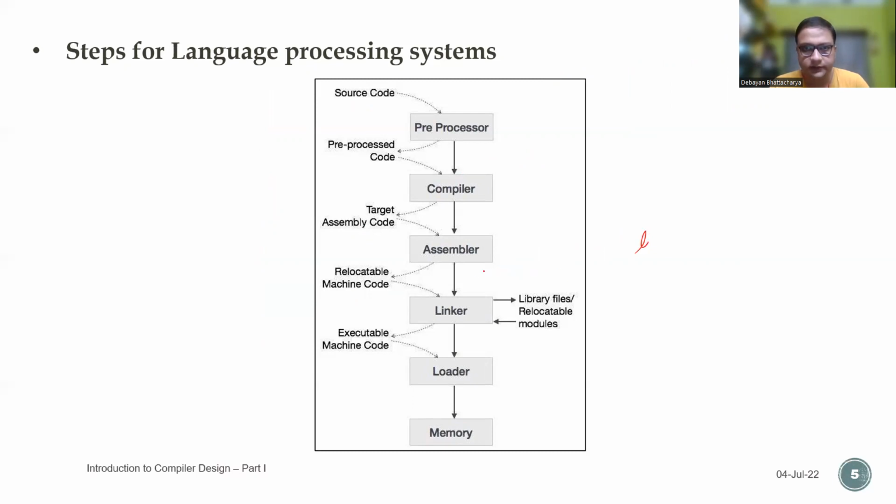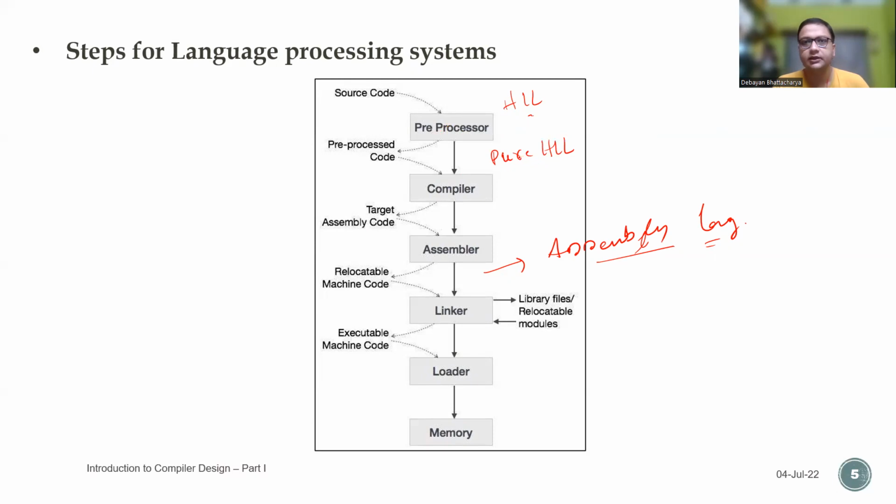That is written in assembly language. Assembly language is basically a combination of high level language and low level language. So what are those stages? At first, the high level language is taken as input to the system. Then the preprocessor converts it to pure high level language by removing all directives like hash include or hash define.